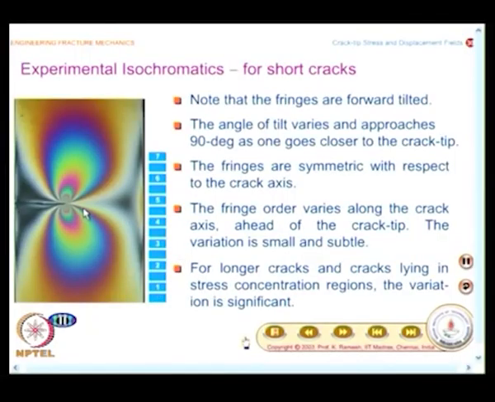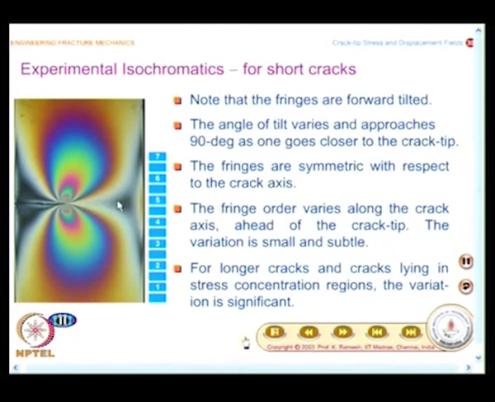And another subtle observation is, you find the color along the crack axis gradually changes from some shades of gray to finally becoming more and more black, which indicates that there is a variation of maximum shear stress along the crack axis.